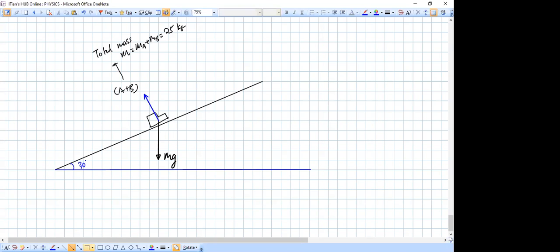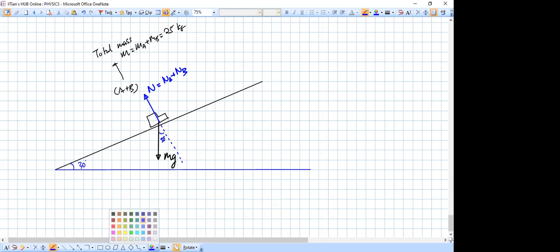So this is N, the normal reaction on A plus the normal reaction on B. Here this angle will be 30 degrees.